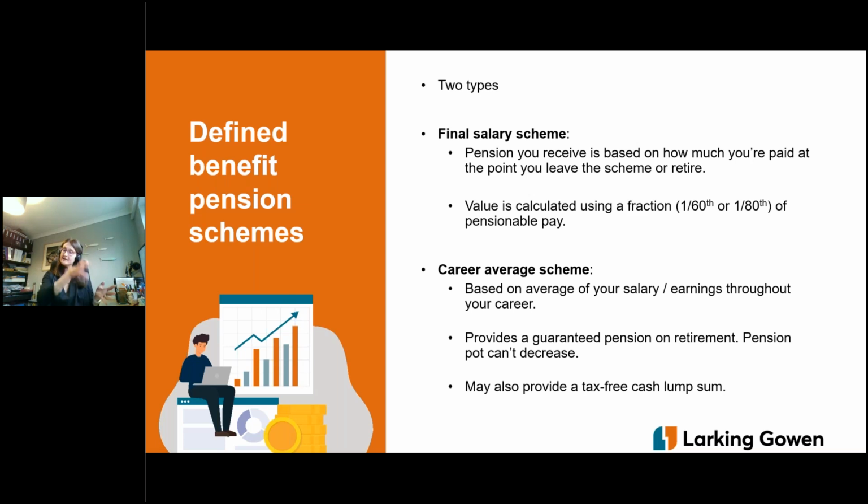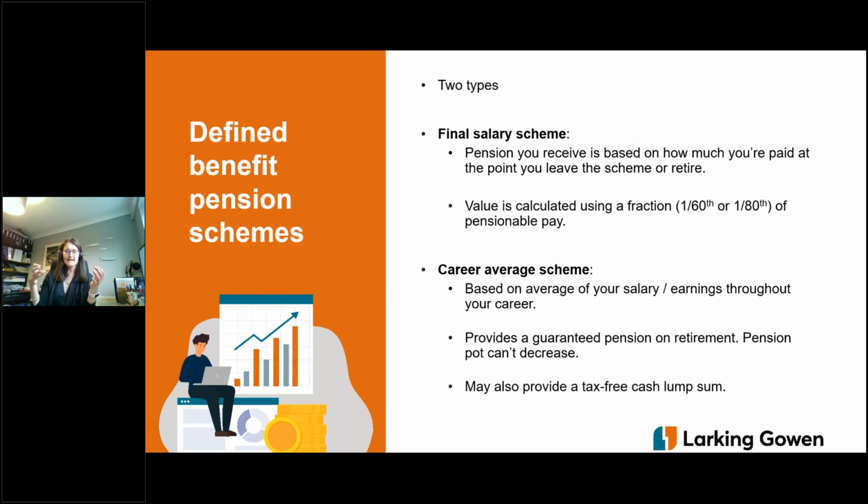As I say, you still pay the pension contributions based on what the scheme requires you to pay, but the pension you get out is valued based on your final salary. And then the other way it can be worked out in a defined benefit scheme is a career average scheme. So basically you look at what you've earned over the whole life of you being in that pension scheme.